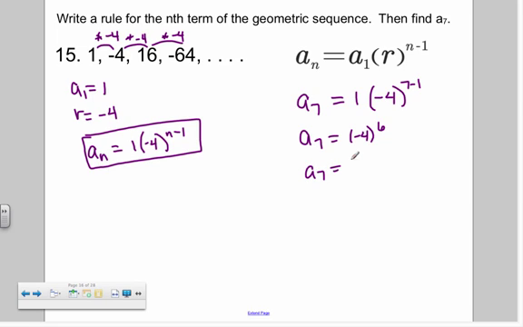If you're anything like me, you're going to have to get out your calculator and calculate what negative 4 to the 6th power is. I do know it's going to be positive because I have an even exponent, and when you calculate that out, you get 4,096. So this is the second part of the answer for number 15.